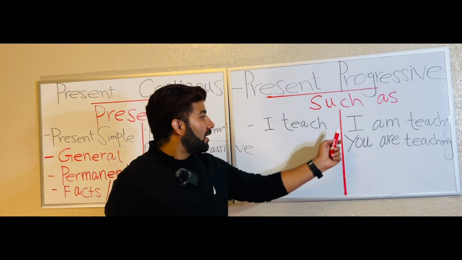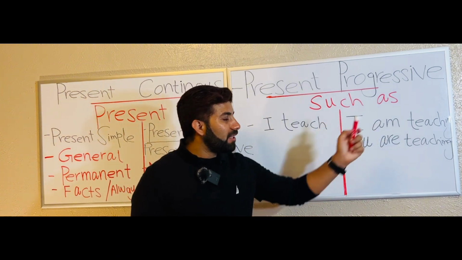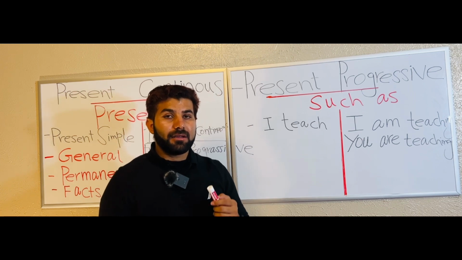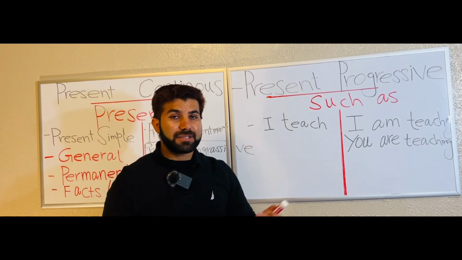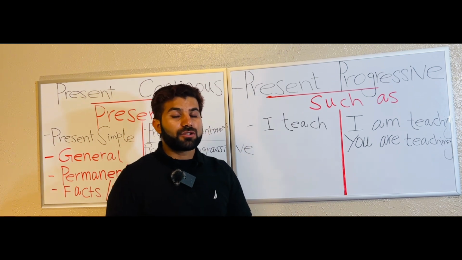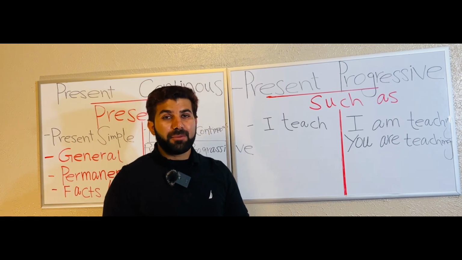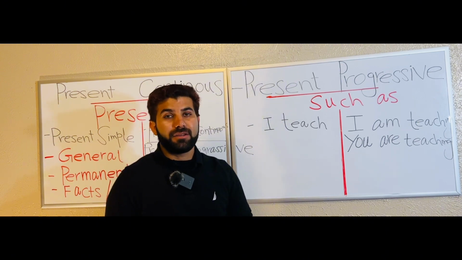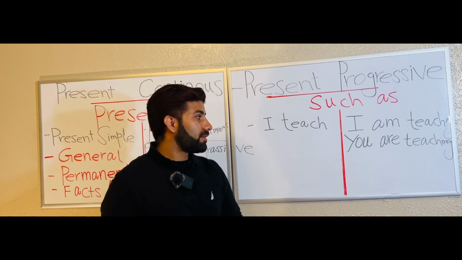If I say I am teaching, it means this is my temporary situation. For example, I'm teaching right now and you're watching right now. So an action which is happening at the moment, at the current time, there we can use present continuous tense.